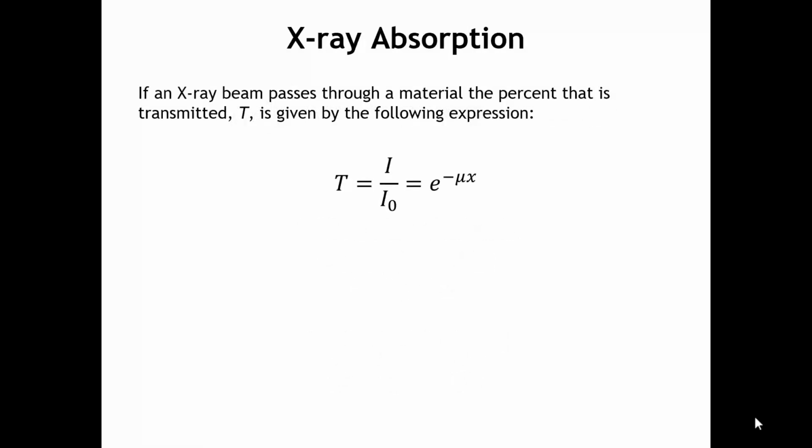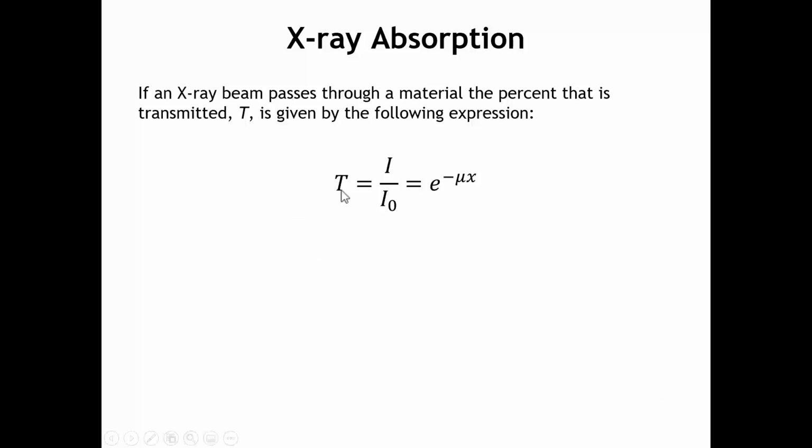So if we think about the absorption of X-rays as it passes through matter, we can quantitatively express that with this equation. And this equation should look pretty familiar for anyone who's done, let's say, a Beer's law plot of UV or visible light passing through a solution.